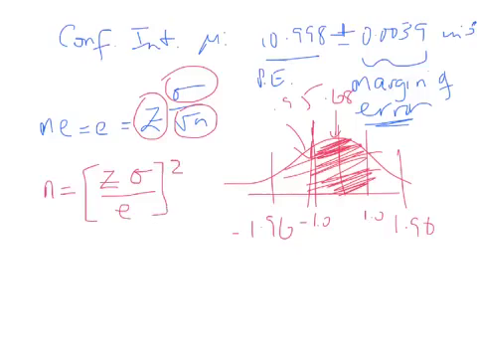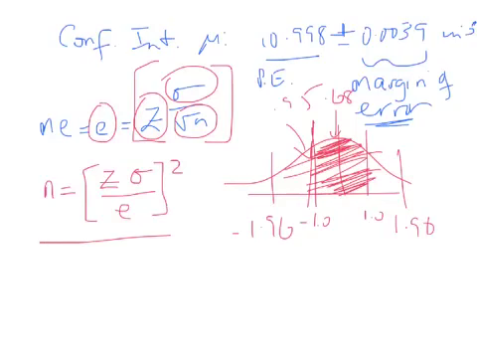We just change the subject of the formula. Because we have a square root of n on the right side, we would square both sides. If we square this side, the Z becomes Z squared, sigma becomes sigma squared. The square root of n would disappear, and then we switch the places between E and n to make n the subject of the formula. When we switch the places, we get this formula right here.